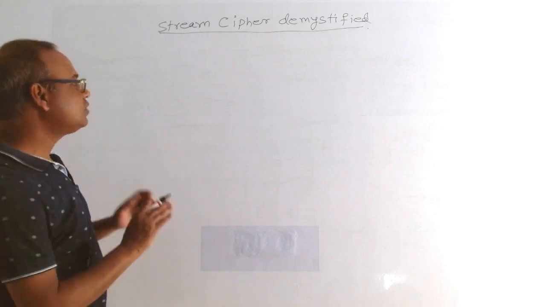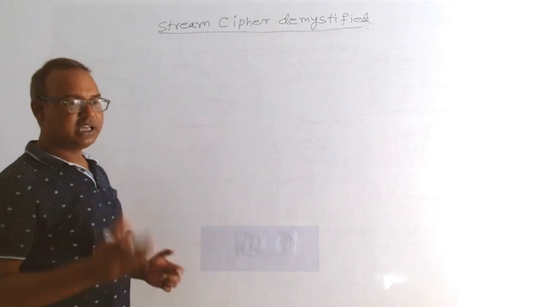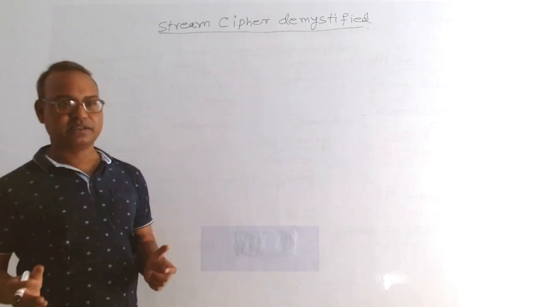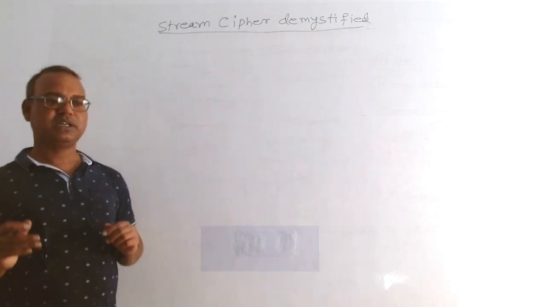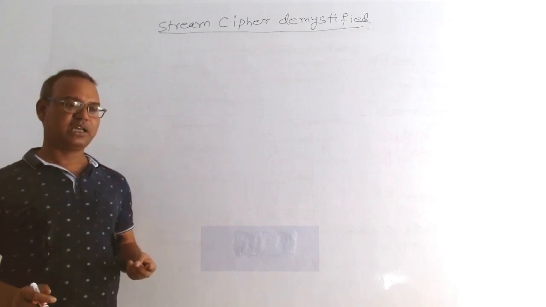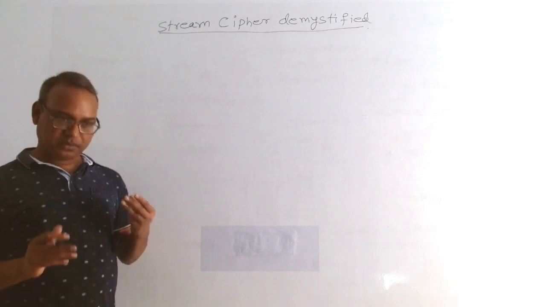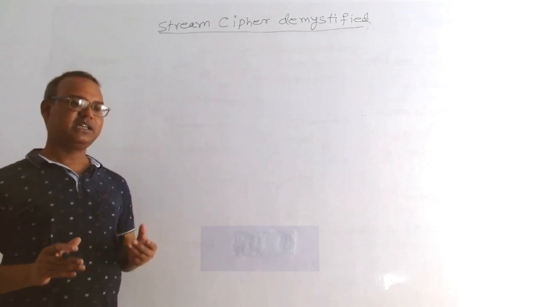That is basically done by a pair of algorithms called encryption and decryption, as I told in my last lecture. So there are two types of algorithm for maintaining secrecy of the data.